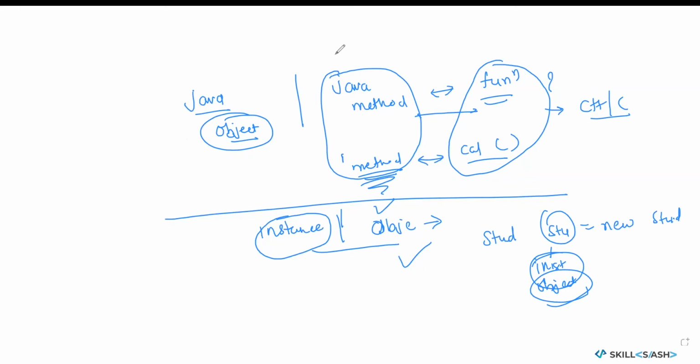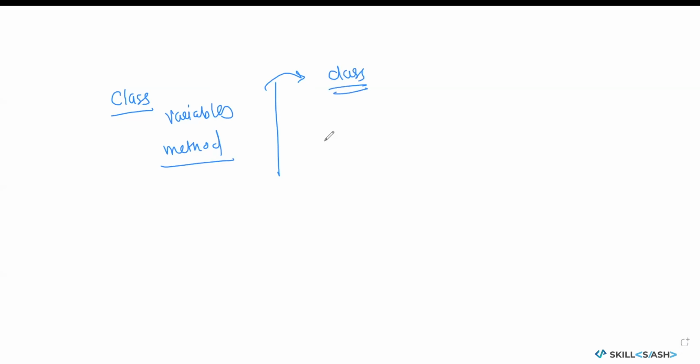Okay, further, let's say we want to understand who can use the class variables or methods. Class variables and methods can be used outside of the class in a different class by creating an object of it, just like we have used student2 equals new Student and stu dot first name.